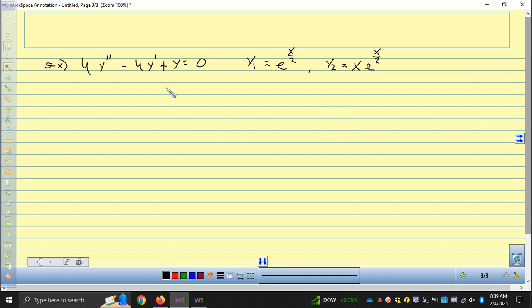And we want to verify that these form a fundamental set of solutions. So we need to verify that they are solutions.